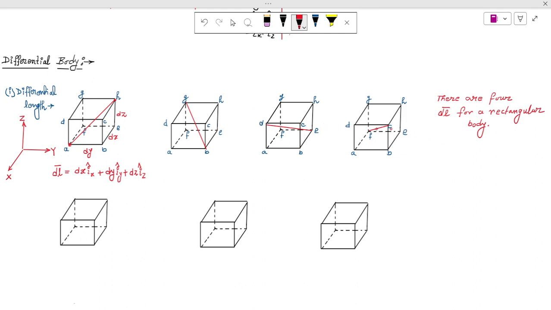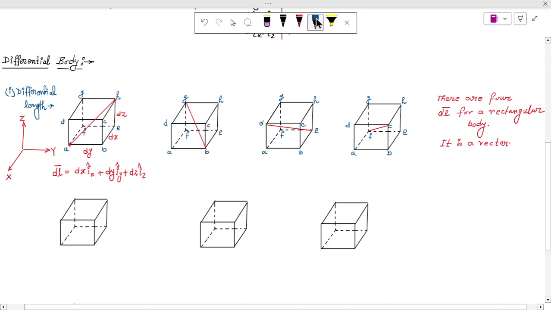This is a vector quantity. dx, dy, dz: this is the differential length along the x direction, that will be dx. dy is the differential length along the y-axis, and similarly for this.